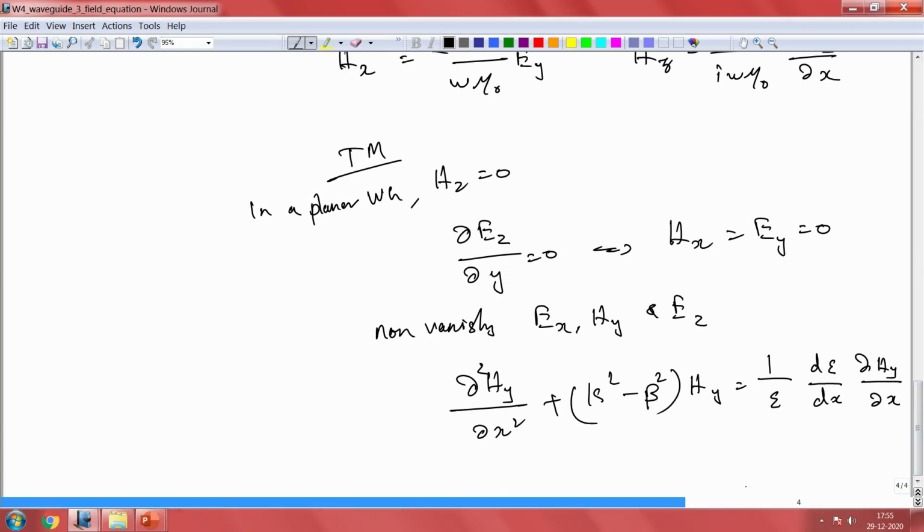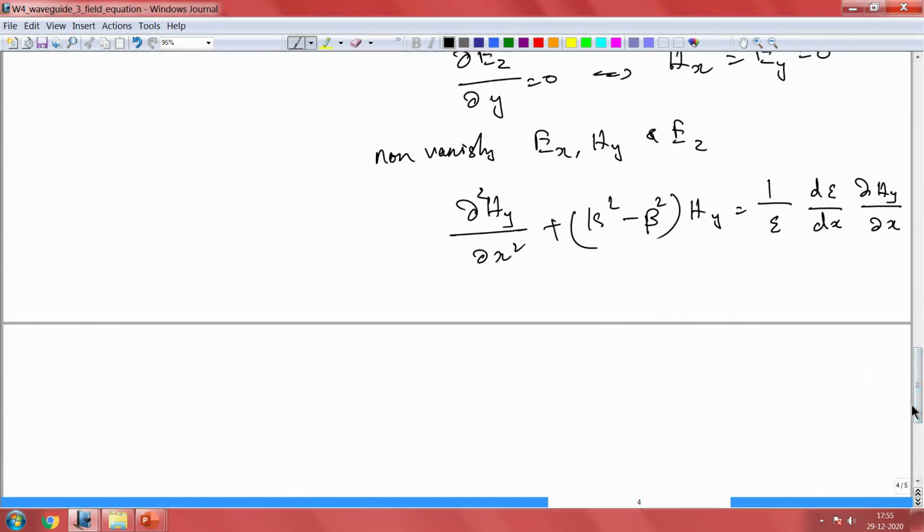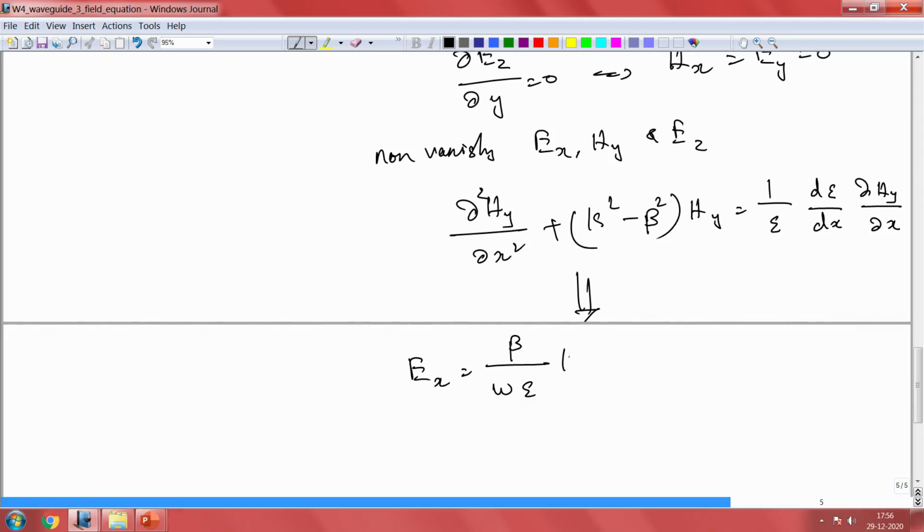This is actually your H field, and now from this H field we can get the Ex field, which is beta over omega epsilon times Hy, and then we can also get the Ez field.